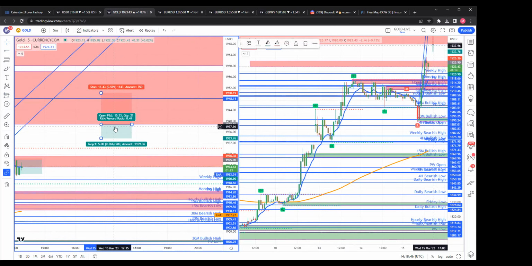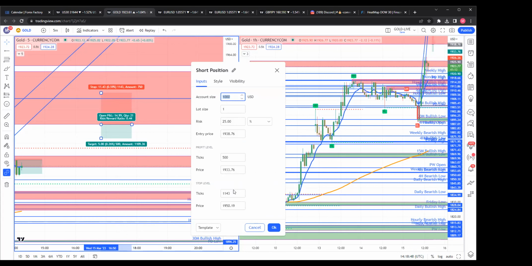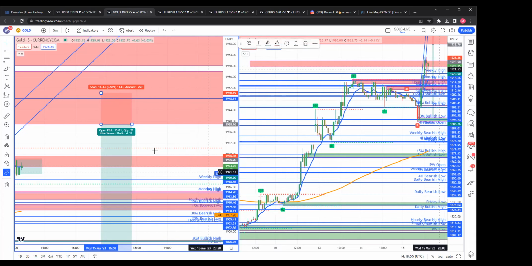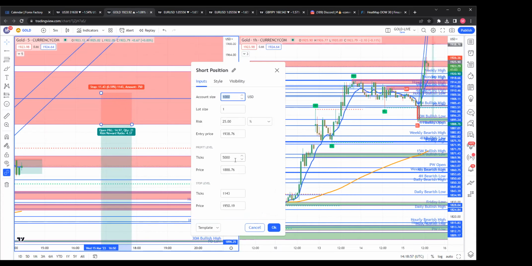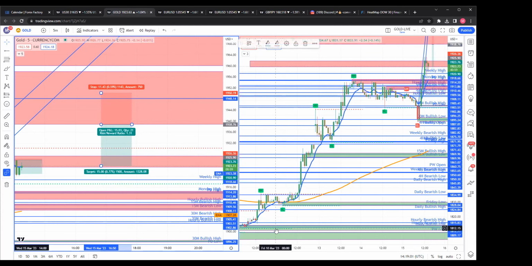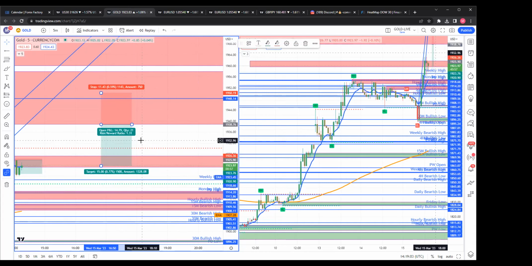So if that's the case, I think this is about 100. Call this 1500. So do like a 100 pip stop loss, 100 pip take profit.